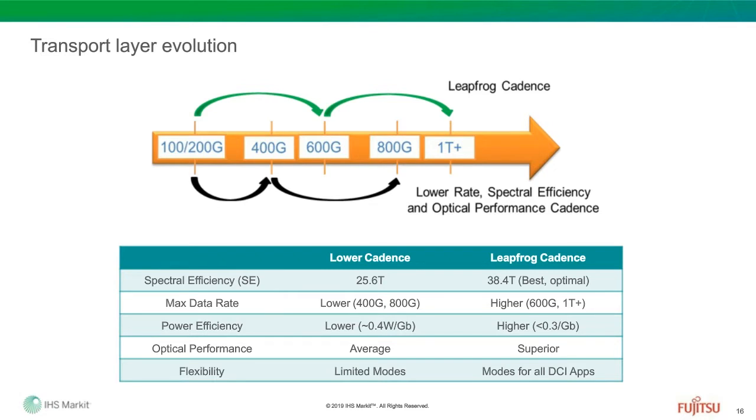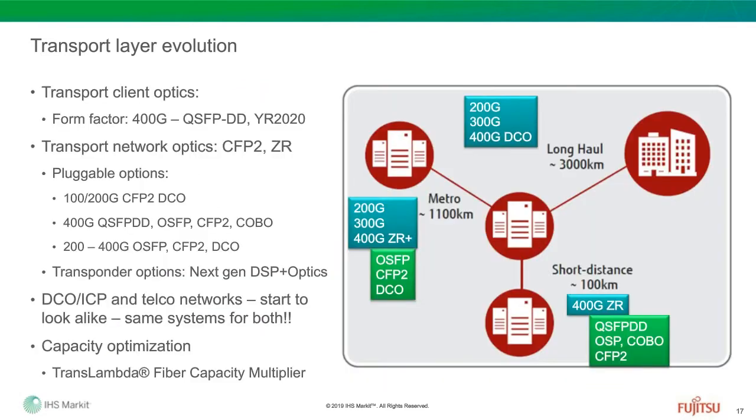On the next slide, I'll go a little bit deeper into some of the specifics on the DCI application and options. From a client optic perspective, we see a transition, as discussed earlier, to 400 gig with QSFP-DD in early 2020, with focus on some variants of the DD form factor.